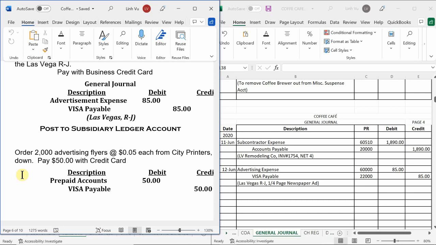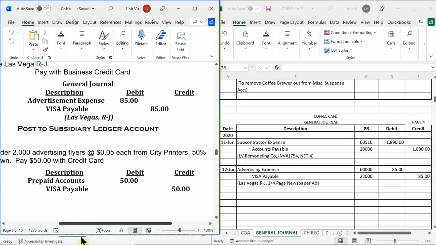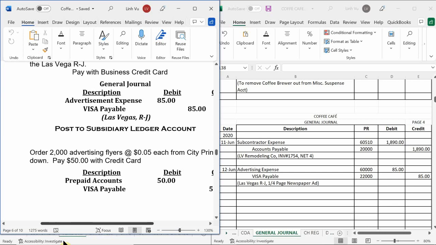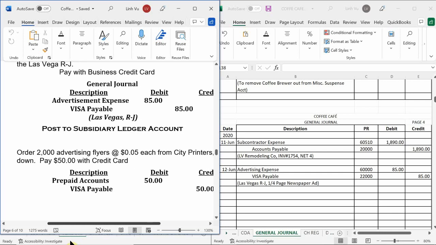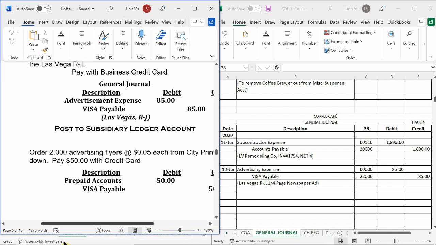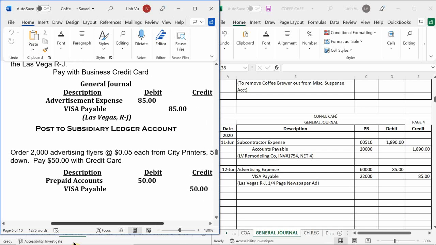In order to get the job done, they required me a 50% down payment. So therefore, to ensure that they don't waste their time printing flyers for us and we don't pick it up, they're going to charge us 50% of the payment, which is going to be $50, and we're going to pay with the business credit card.